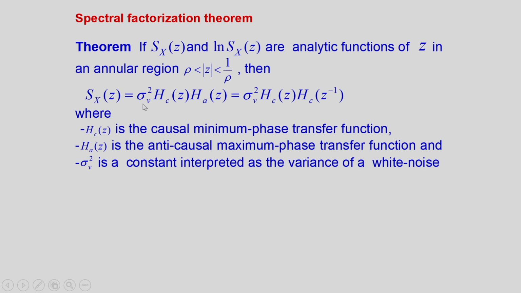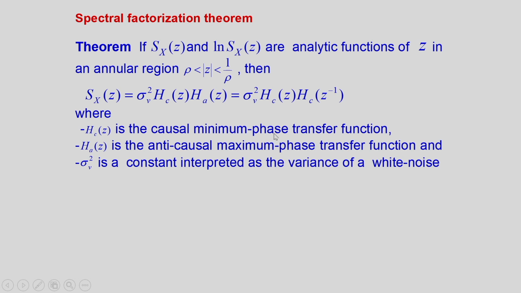as sigma v square, that constant, into Hc(z) into Ha(z), and this can be further simplified as sigma v square into Hc(z) into Hc(z inverse), since Ha(z) is nothing but Hc of z inverse. So, under the condition that Sx(z) and log of Sx(z) are analytic within a region, Sx(z) can be written as a multiplication of 3 factors: sigma v square, Hc(z) and Hc(z inverse).